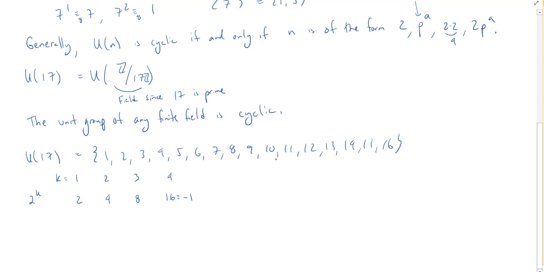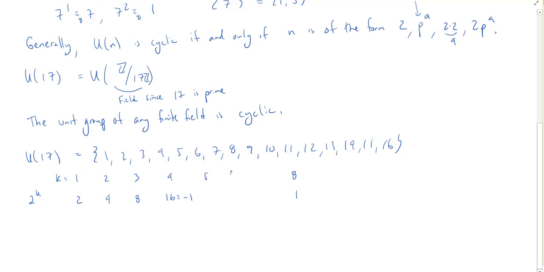So I can jump all the way down here to 8. And that means I'm going to square 2 to the 4th, right? 2 to the 8th, I know that's going to be a 1. Which tells me automatically 2 is not going to do the job. This does not generate. It's only going to give me 8 of the elements, right?